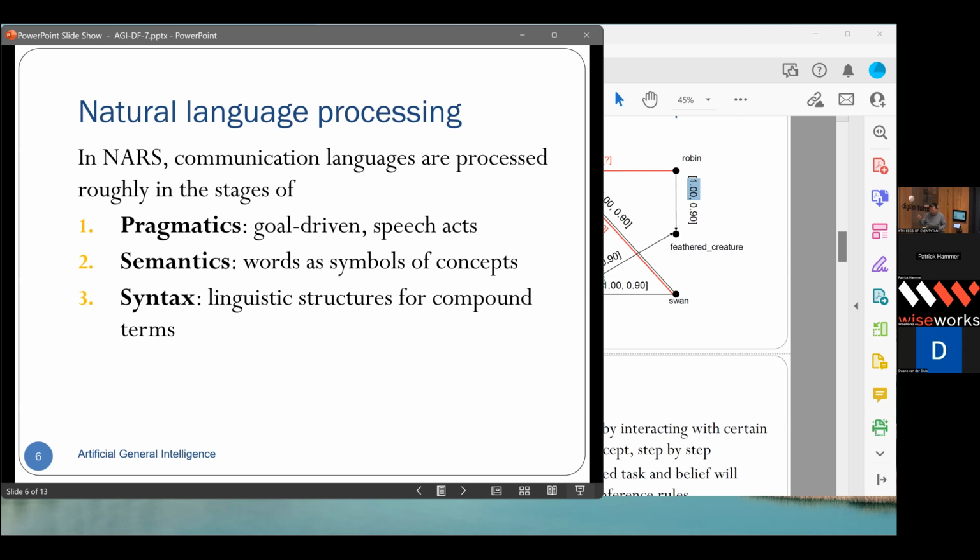One is you use another one as your sensor to get information you don't have. Second, the other way around, as an actuator to do things that you cannot, or for some reason don't want to, do directly. You ask someone to close that door, or to bring me a cup of coffee or something like that.